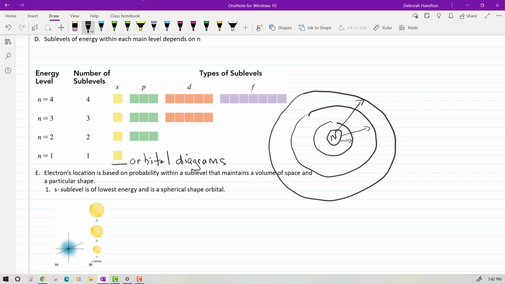These are the orbital diagrams for each of the main levels represented here. At the lower part of the picture, you can see a shape for this orbital, the 1s being closest to the nucleus. There's about a 90% chance of finding an electron in this volume of space, so 90% probability.